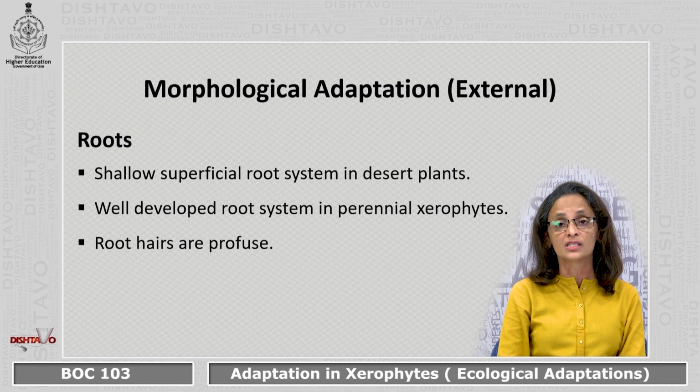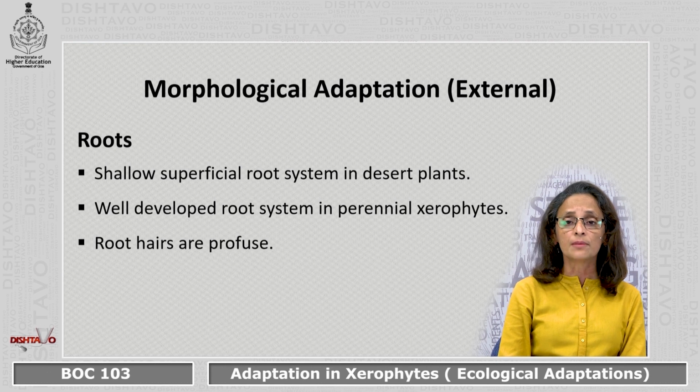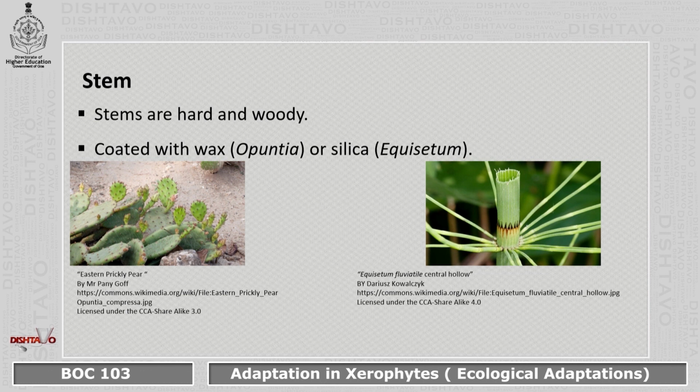They also show the presence of a well-developed rooting system in perennial xerophytes, where the rooting system is made up of a root that grows deep into the soil in search of water. These roots have numerous root hairs. The stem. The stem in some is hard and woody.